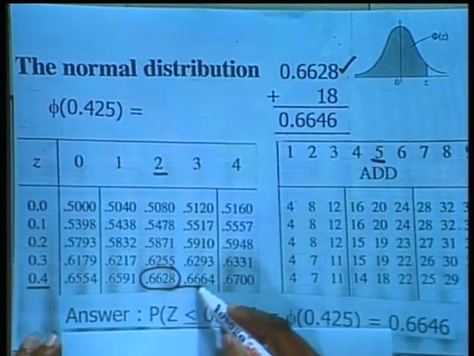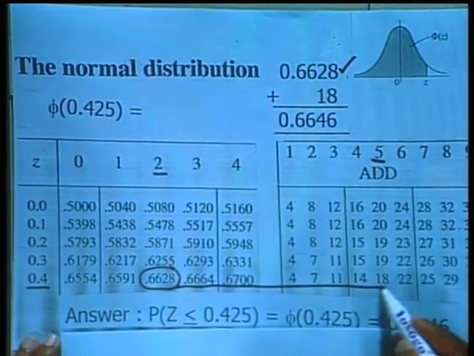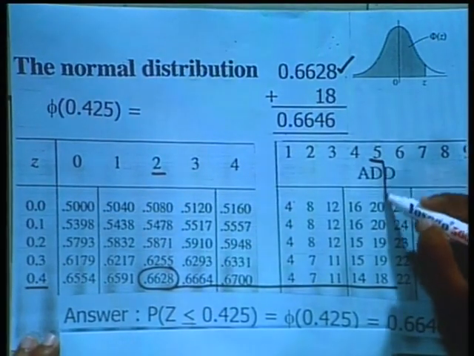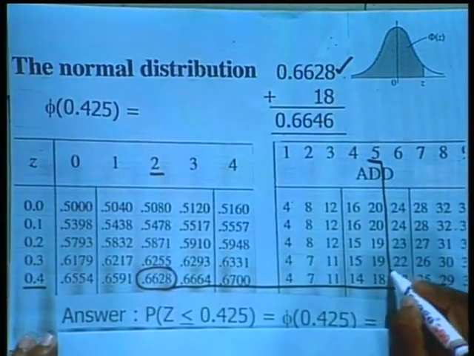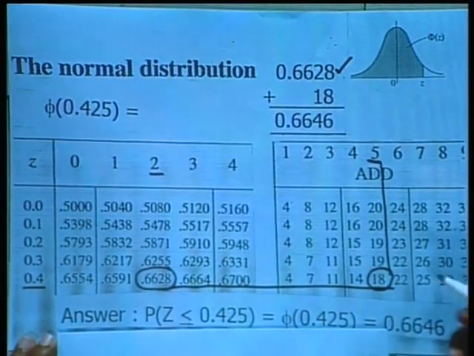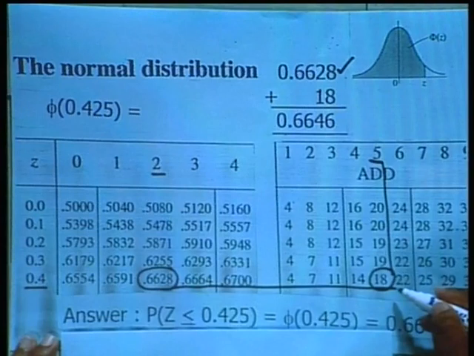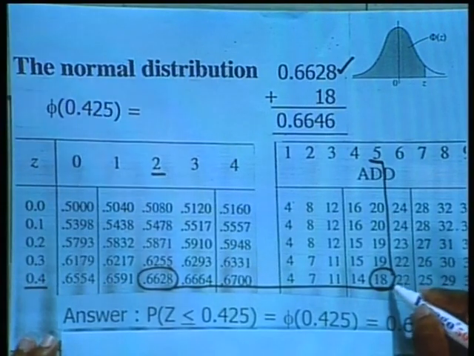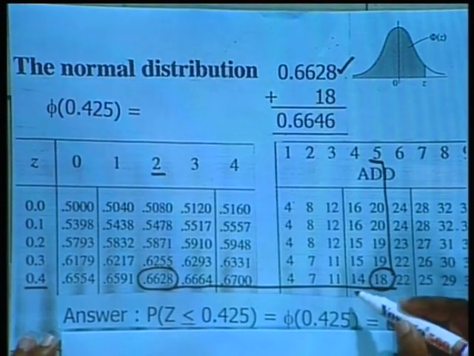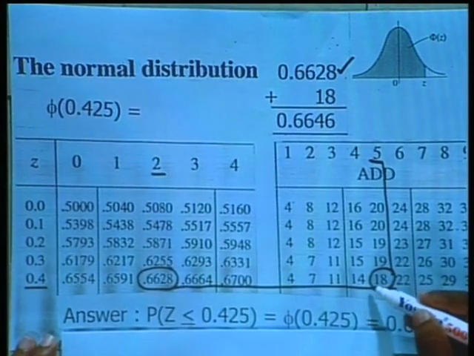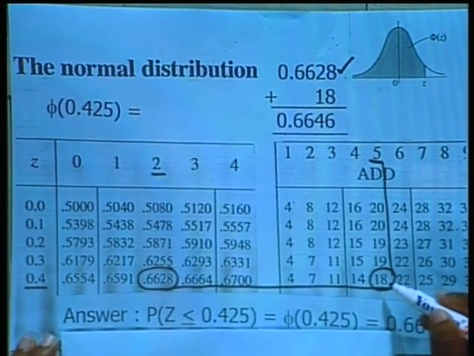And in the same row, the value here is 18. It is not 18 units. In fact, it represents 0.0018.